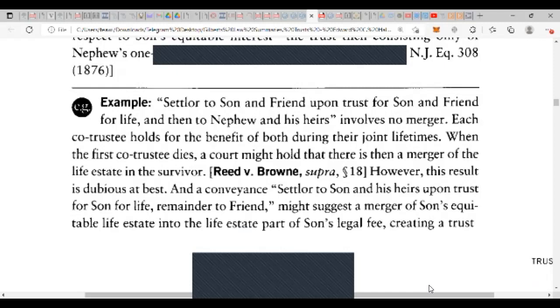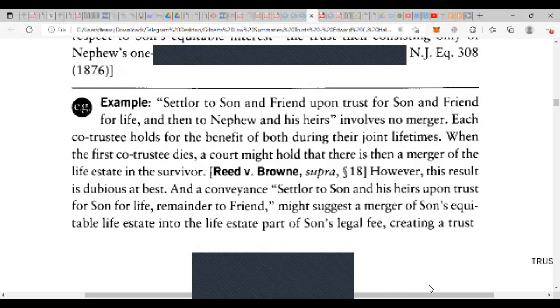Each co-trustee holds for the benefit of both during their joint lifetimes. When the first co-trustee dies, a court might hold that there is then a merger of the life estate and the survivor. Reed versus Brown, Supra, Section 18. However, this result is dubious at best.